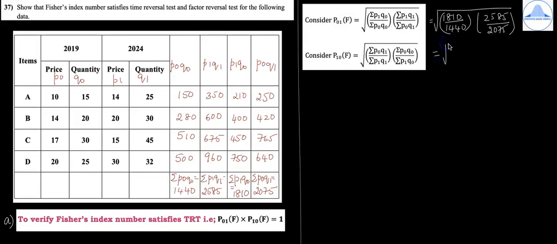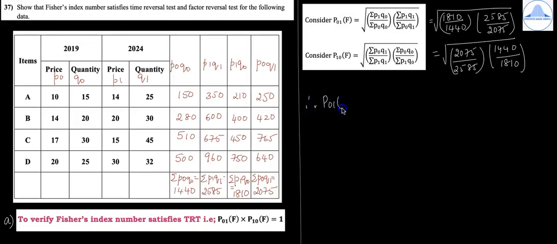Similarly, substituting the totals in P10 of f, you will get root of 2075 divided by 2585 into 1440 divided by 1810. So now multiply both.